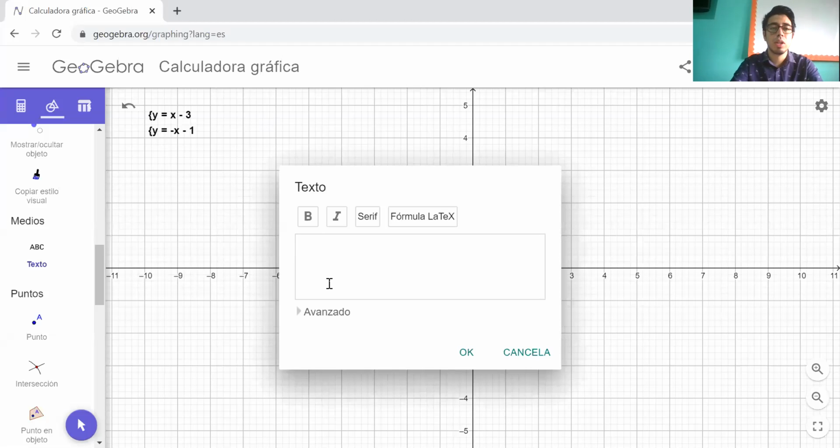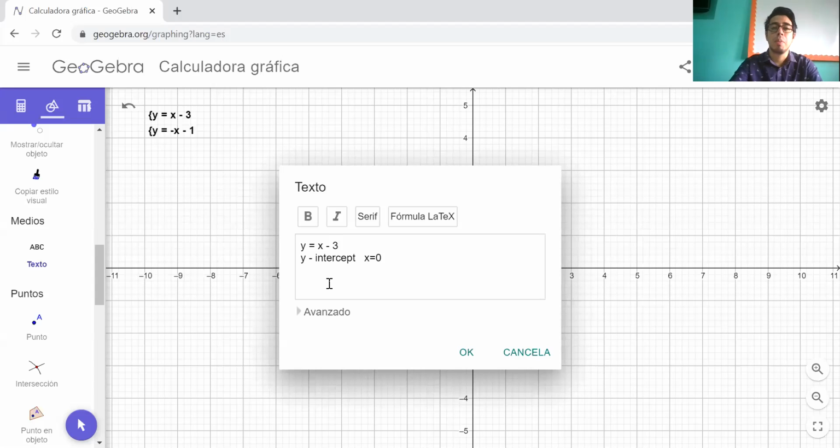So for the first one, when y is equal to x minus 3, you are going to find both intercepts. The y-intercept means that x in this point is going to be equal to 0.